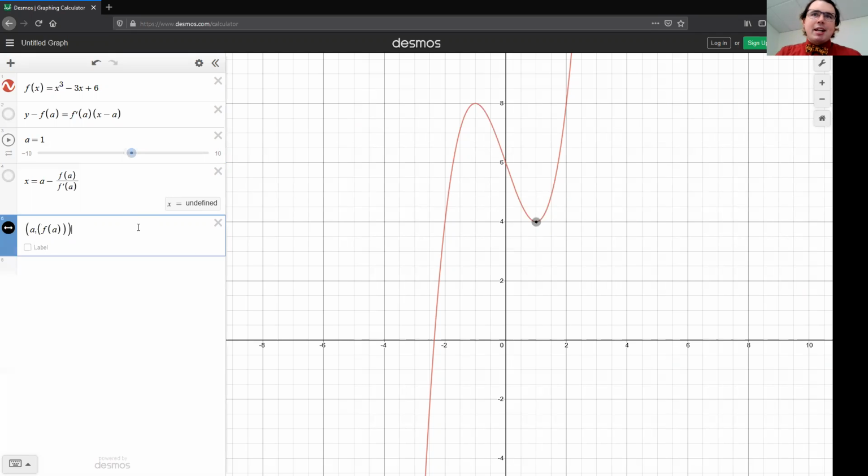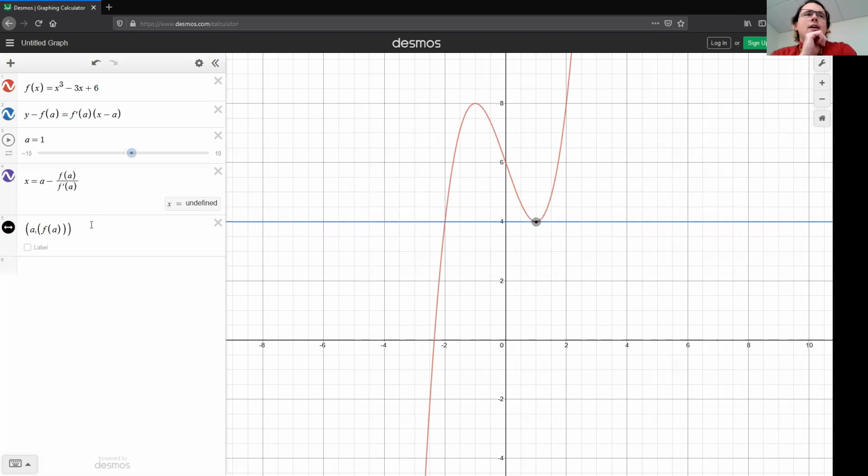So I have set this up where I can make a guess, and I've chosen x equals 1. Well, where's my tangent line for x equals 1? There it is. Again, it's a horizontal tangent line. So when I go to iterate, I can't. What's my next guess?